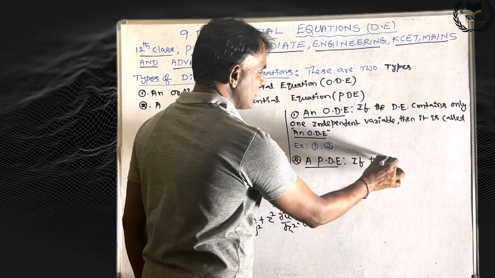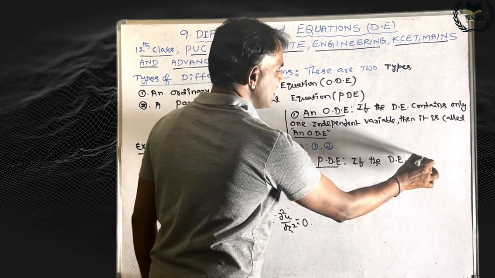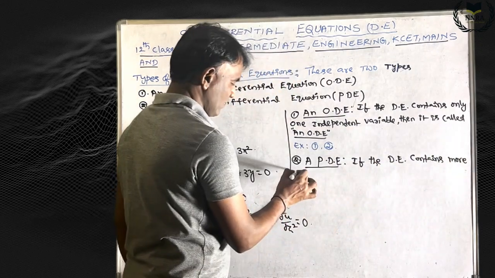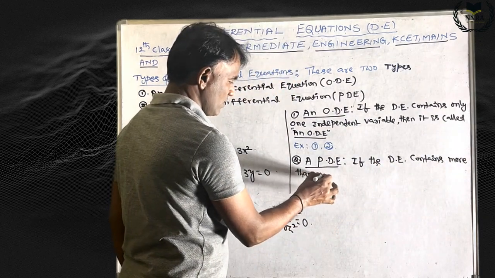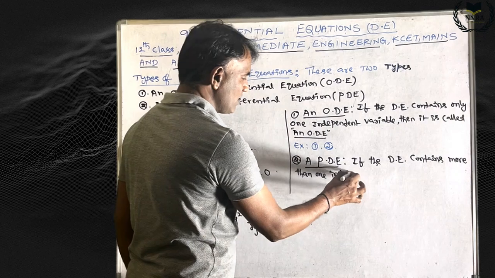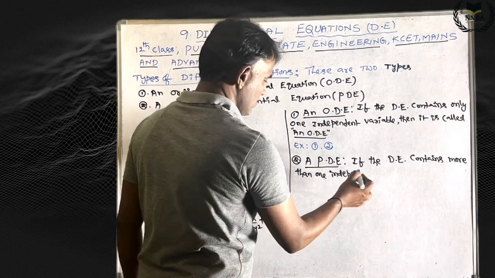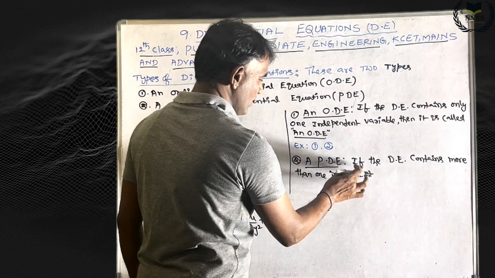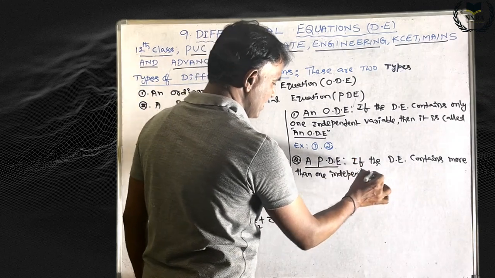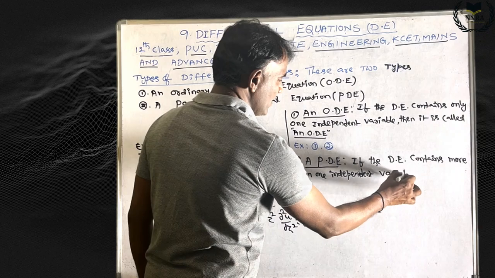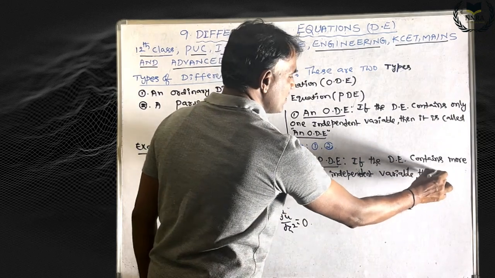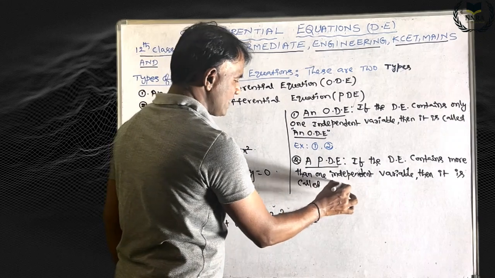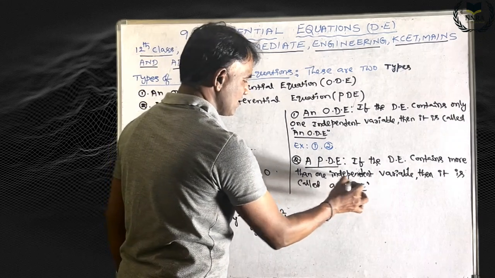If the differential equation contains more than one independent variable, then it is called a partial differential equation, right?